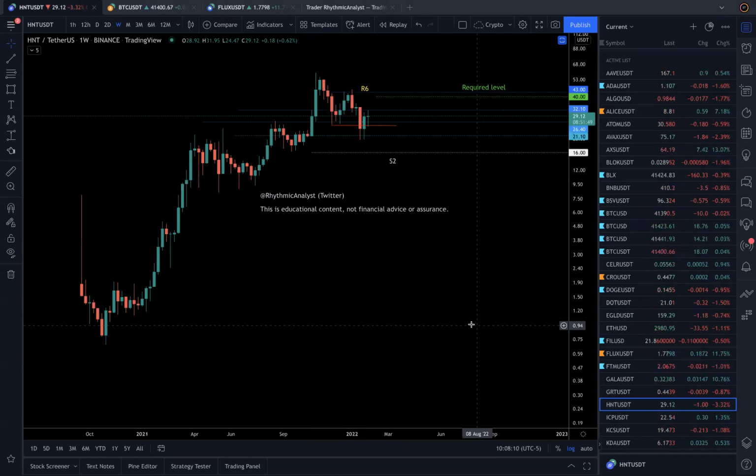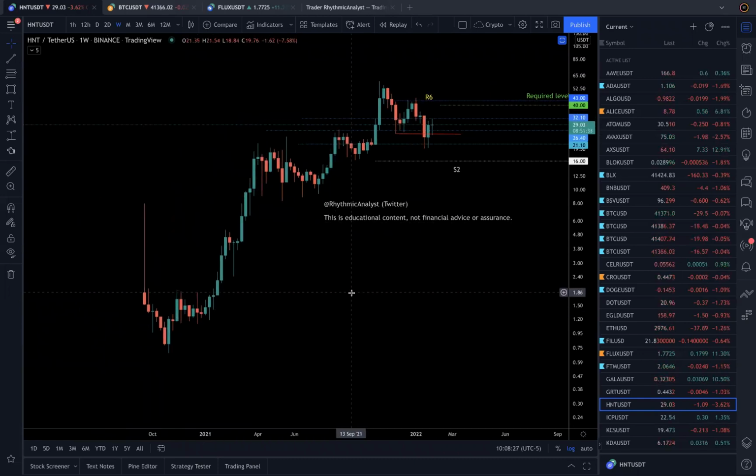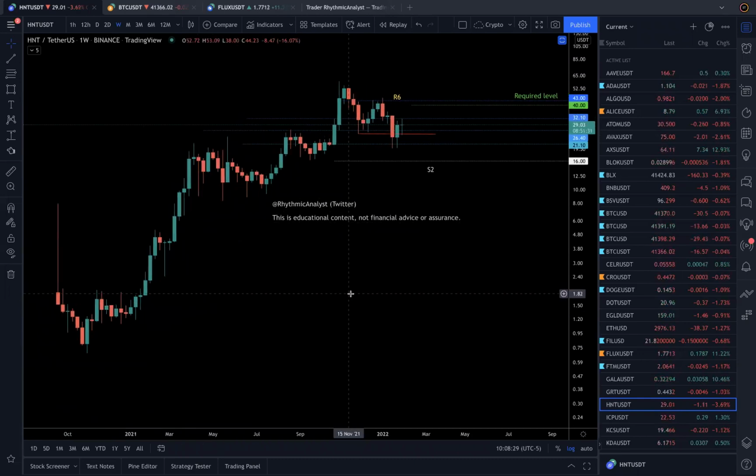Okay, HNT is one of the good ones in terms of retention of value. It made a new all-time high recently. Drawdown was there, but not much. So the clear upside move, like a clean chart, very promising in terms of price action, profitable.